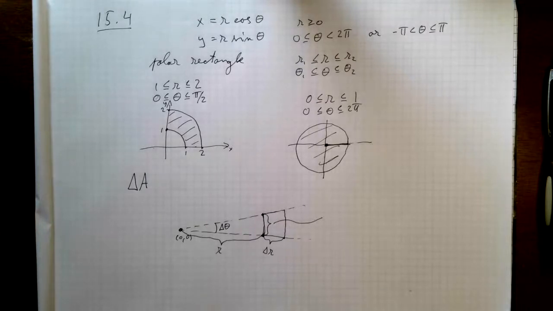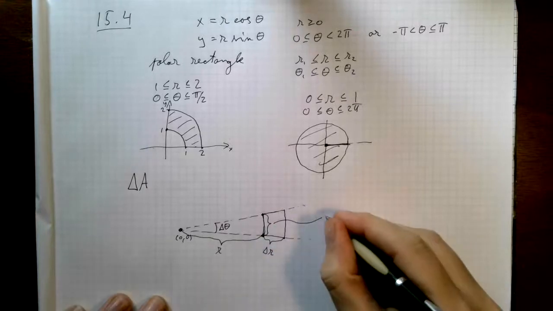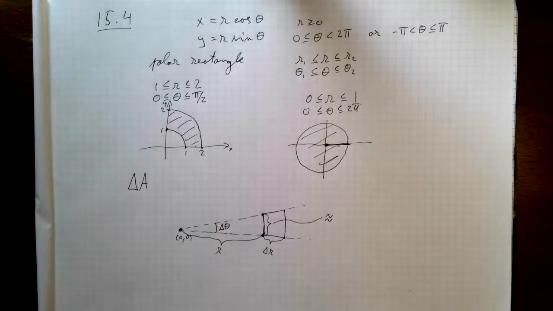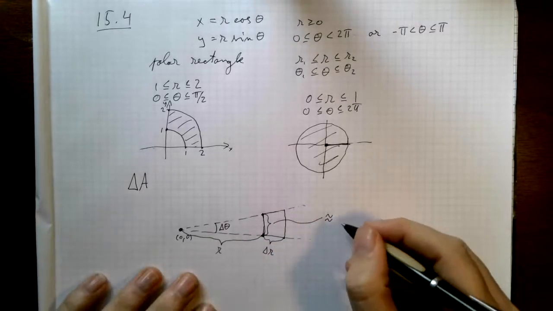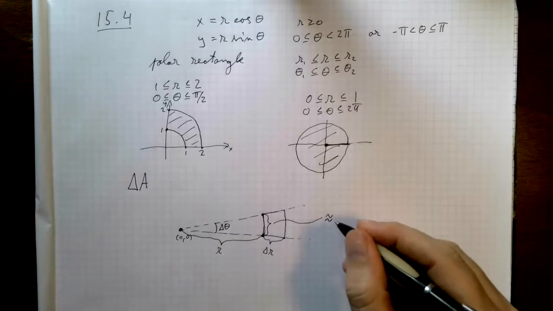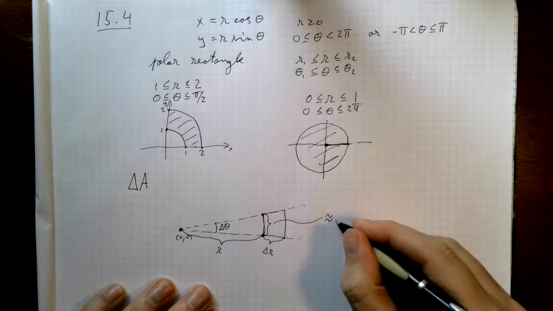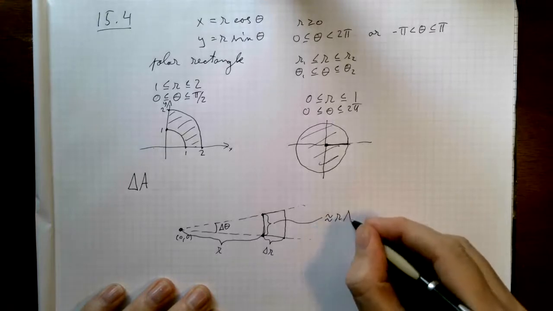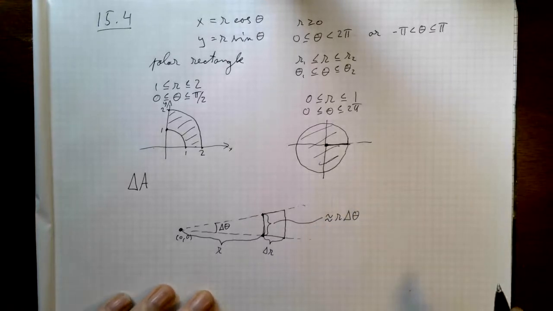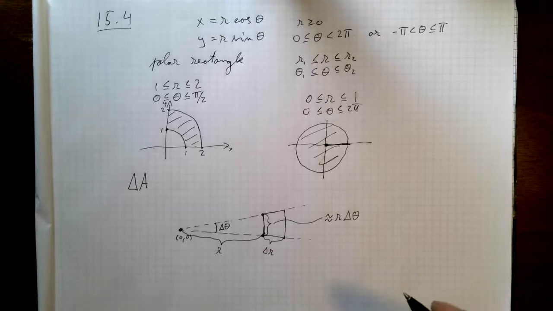But that's a long distance. Here we're very, very nearby. So even as a straight distance, we'll say this is approximately r times delta theta, right?